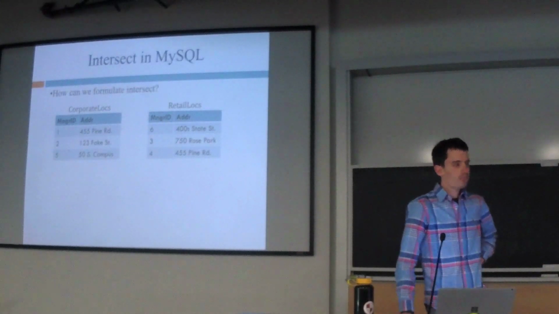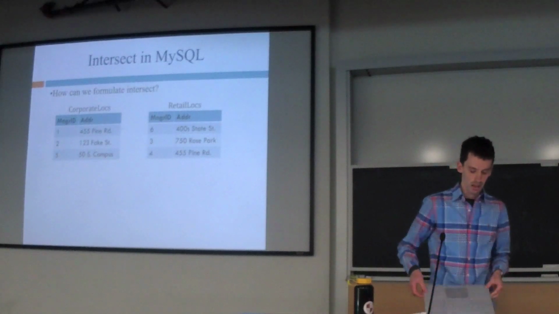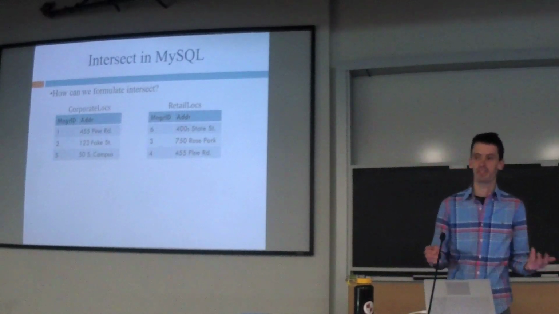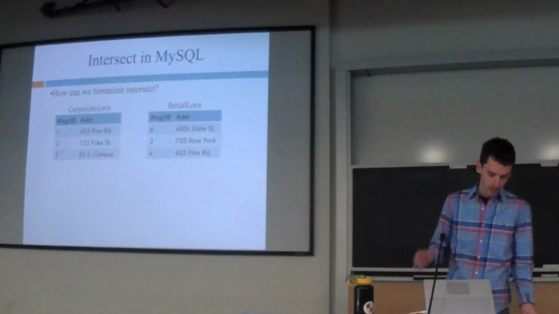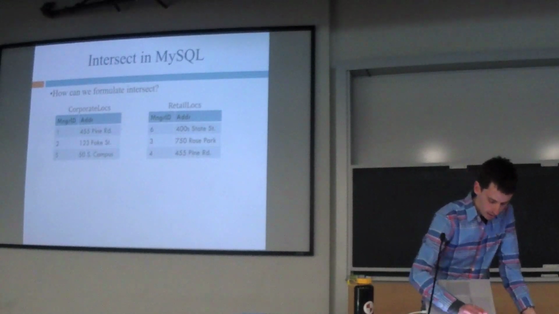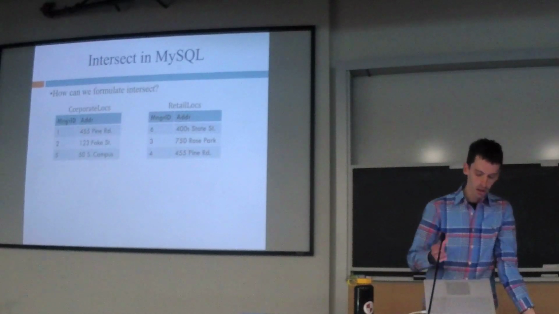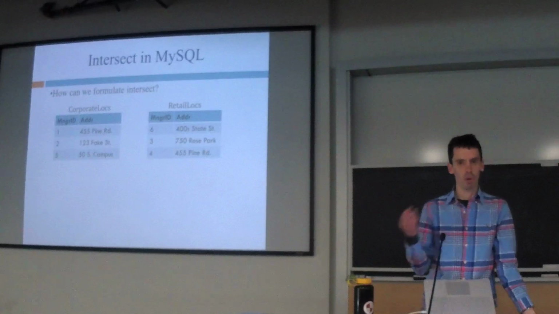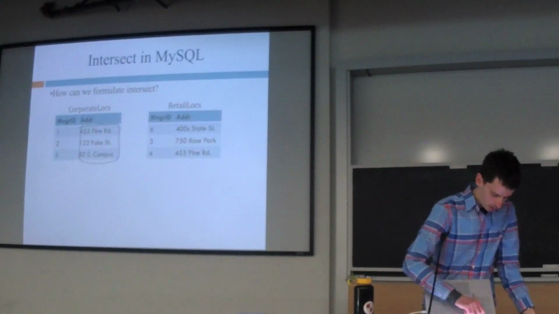So let's think about how we can formulate an intersect without using intersect. We've seen how to do it in relational algebra. I don't care about manager IDs. I want to find all locations that show up in both of these tables, so I really only care about these two.